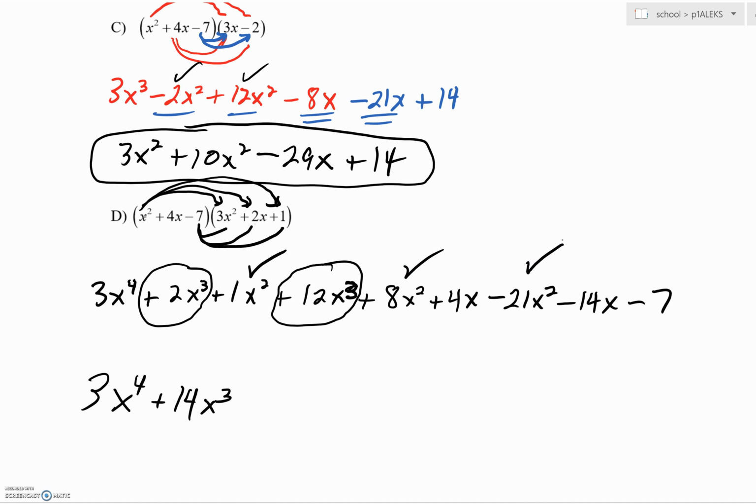You've got 3 of them. You've got a 1x squared and an 8x squared. And that's going to add up to 9x squared, but then 9x squared minus 21x squared, 9 minus 21, I am so sorry, is a negative 12x squared.